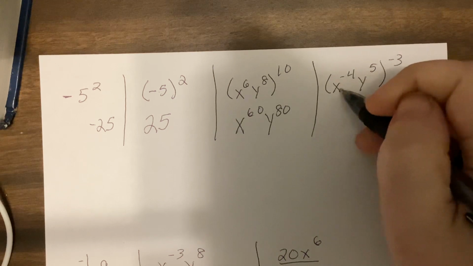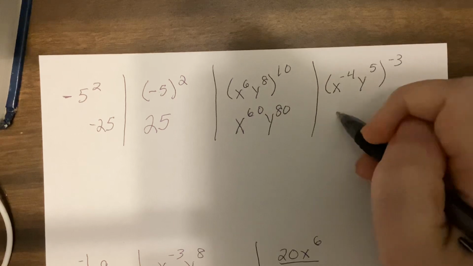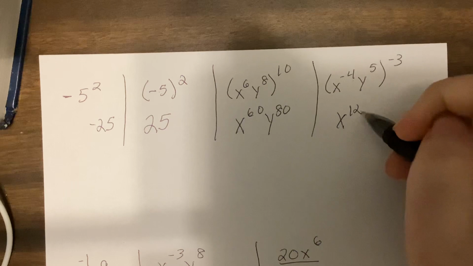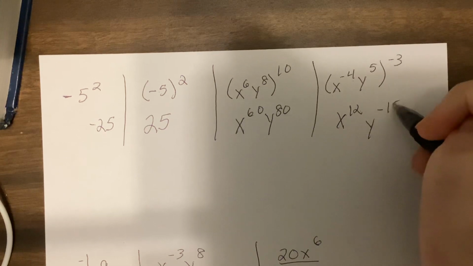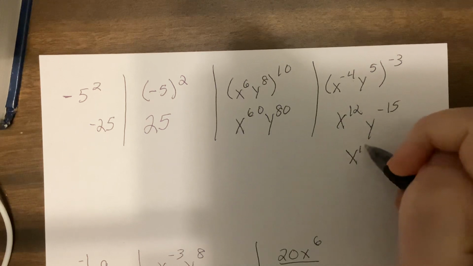When I raise a product to a power, I raise both to that power. When you have a base to a power, you multiply. Negative 4 times negative 3 is 12. Y to the negative 15. But my answer cannot have a negative, so I bring it on down.